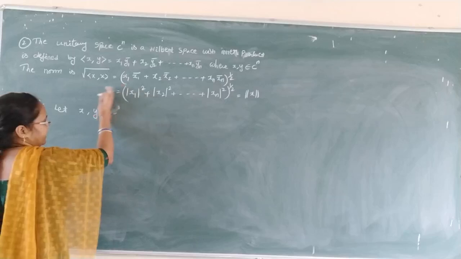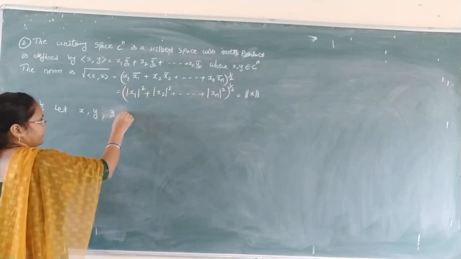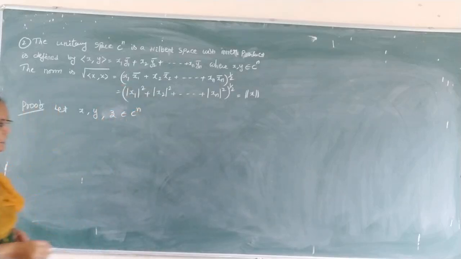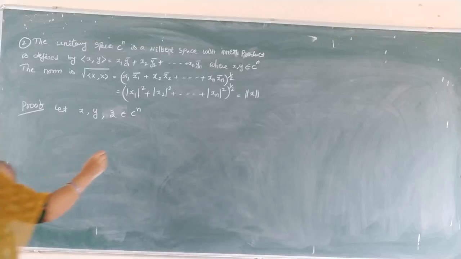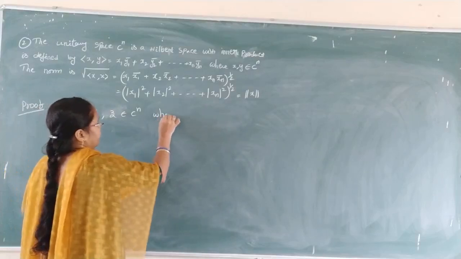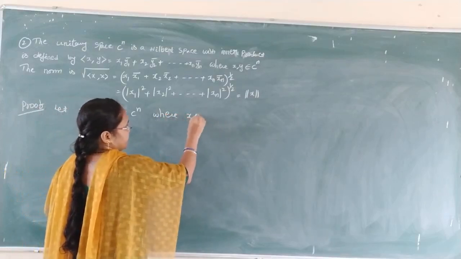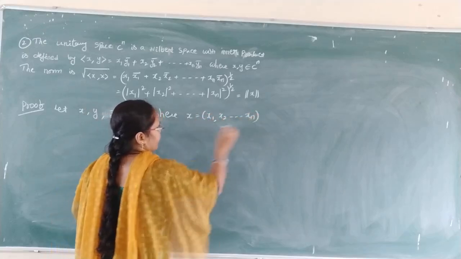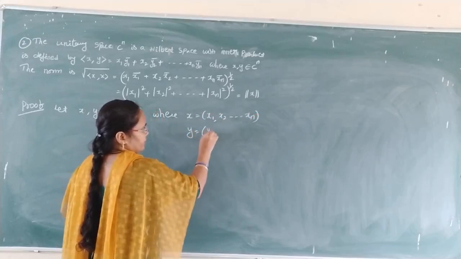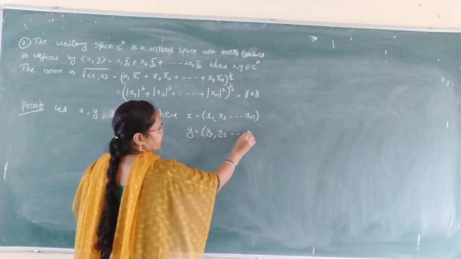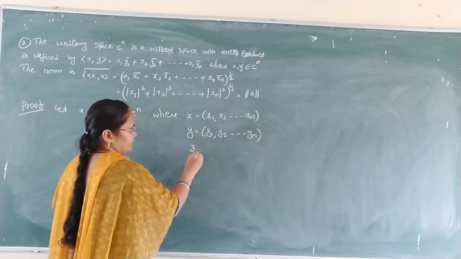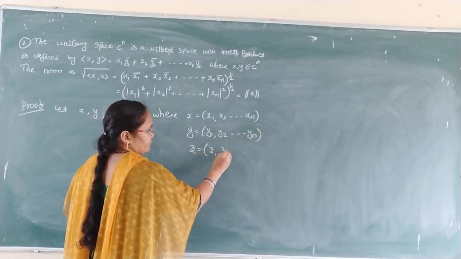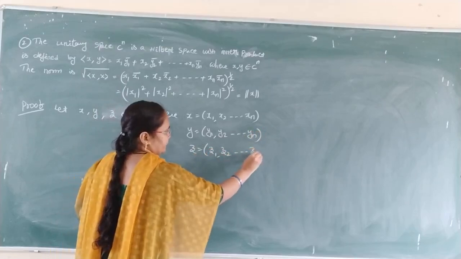So x comma y comma z belong to C power n, where x is equal to x1, x2 so on xn, y is equal to y1, y2 so on yn, and z is equal to z1, z2 so on zn.